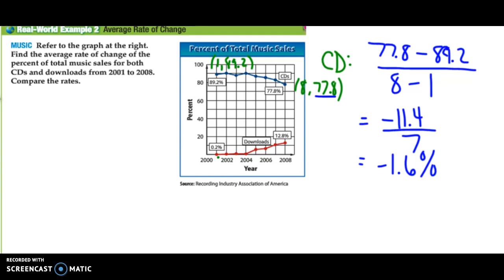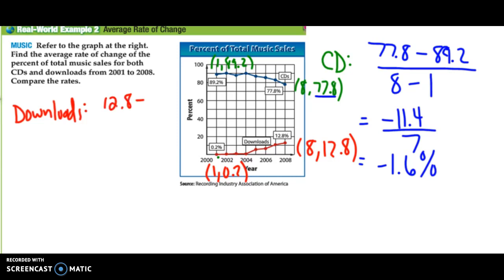That's an average change. Now, if we're going to look at downloads, our points are going to be (1, 0.2) and (8, 12.8). So over here I'll do downloads: 12.8 minus 0.2 all over 8 minus 1.